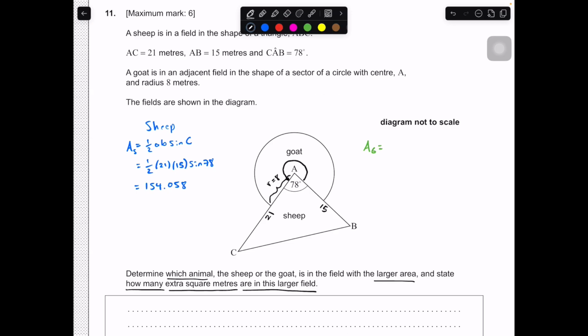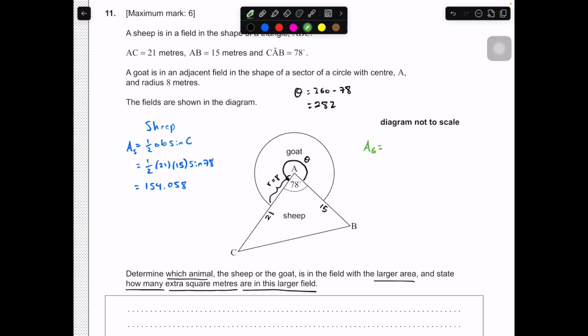We're missing 78, so what is our theta value? Theta, the angle that we rotate through, is 360 minus 78. We only have a fraction: 282 degrees out of our 360. That's the fraction of the circle that we have.